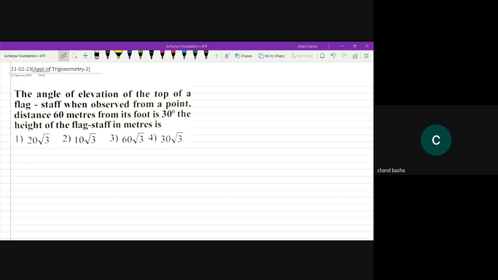Harshavardhan, your answer? Yeah, so we can apply the tan function. Yes. And you got option 3. Okay. Rian says option 1 is the correct answer.